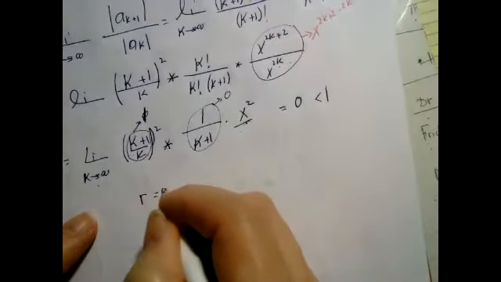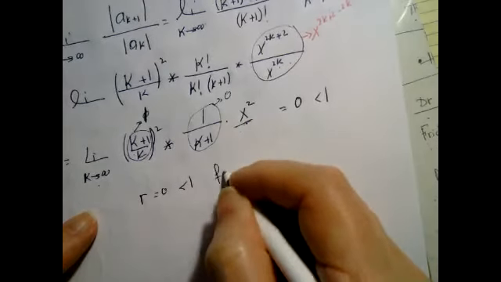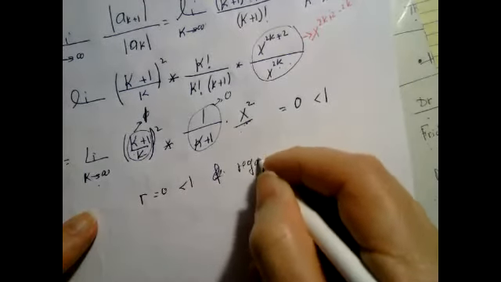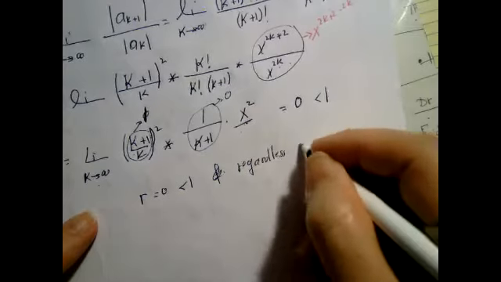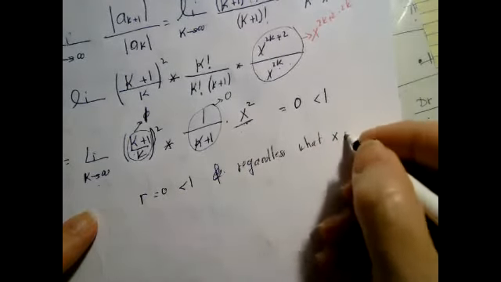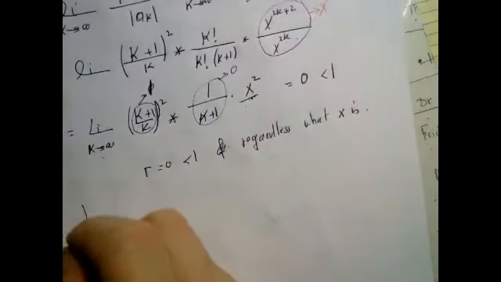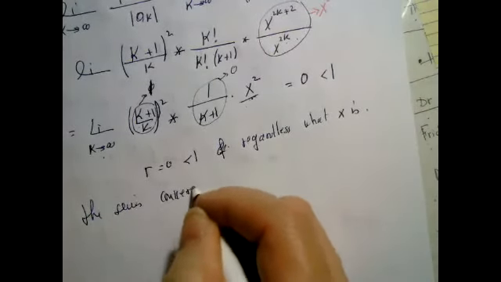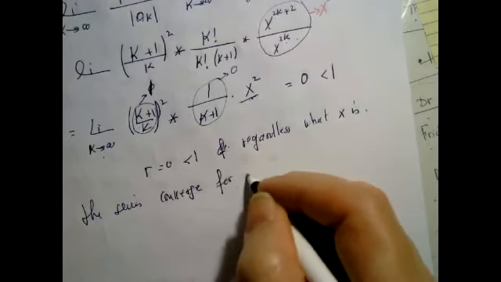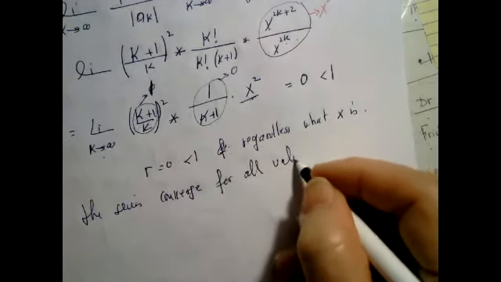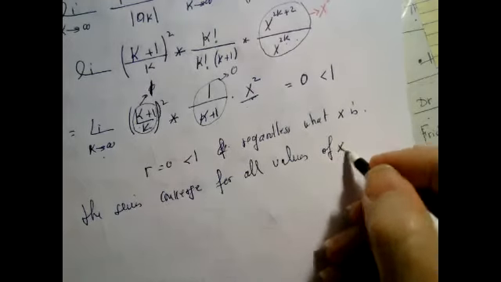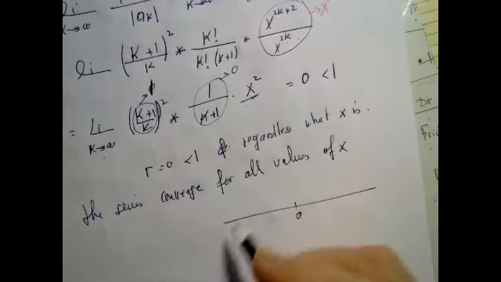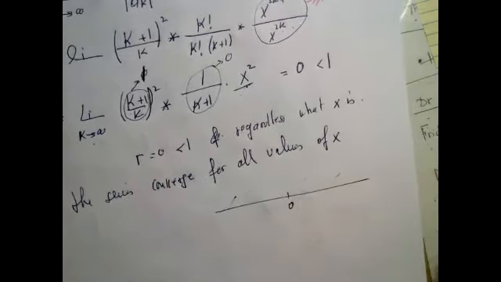Because of the ratio, since r is equal to 0, which is less than 1, regardless of what the value of x is, the series converges for all values of x. No matter what x is, the series is going to converge.